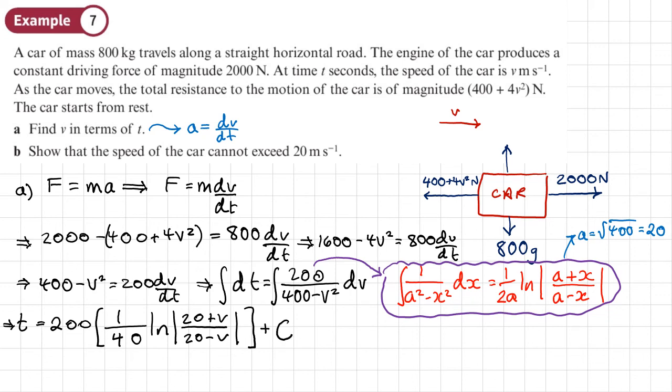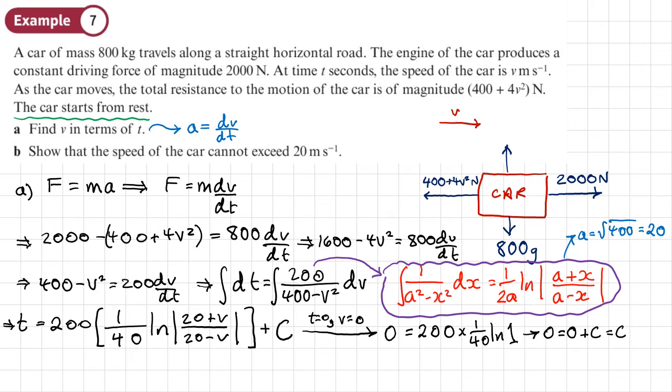We're told that the car starts from rest, so that means that when t is 0, v is 0, so we'll have 0 is equal to 200 times 1 over 40 natural log, and then here we'll have 20 plus 0 over 20 minus 0, so log 20 over 20, or log 1, and log 1 is 0, so effectively what we have is 0 equals 0 plus c, which means that c is equal to 0.